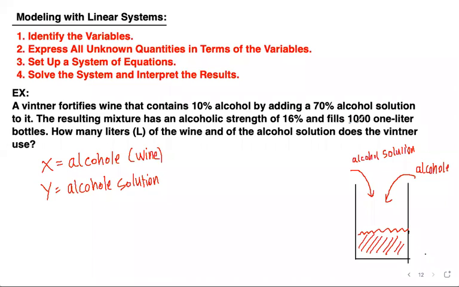So I have 1000 of what? Of alcohol plus alcohol solution. So I can say alcohol is X, plus alcohol solution is Y. The value for this is 1000 liters. This is my first equation.